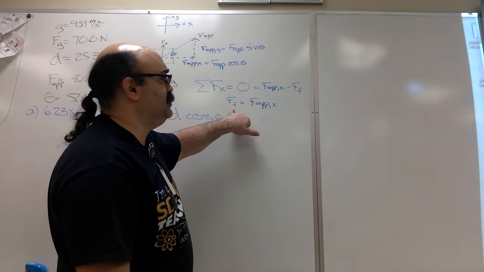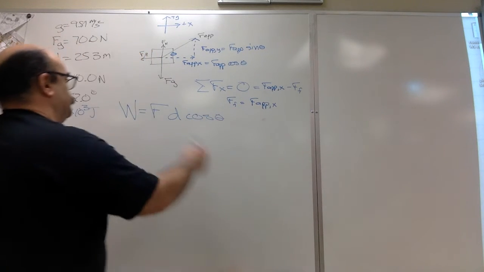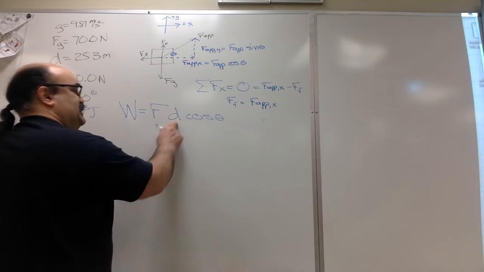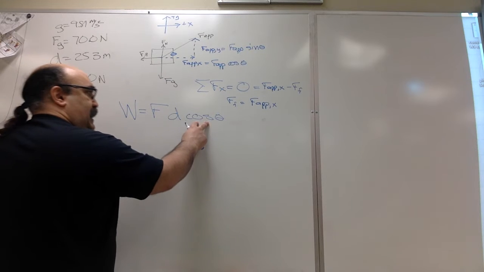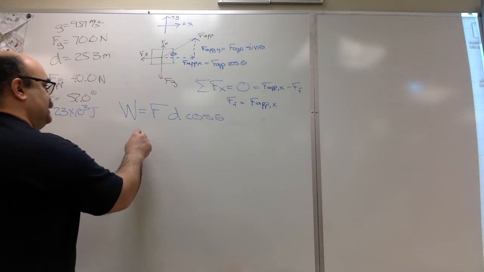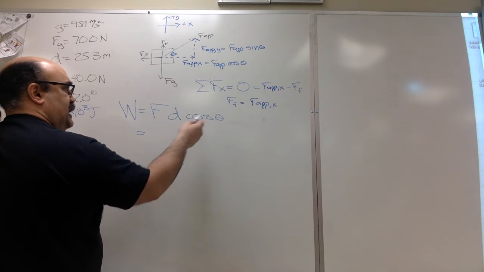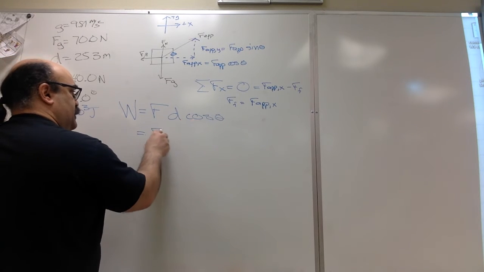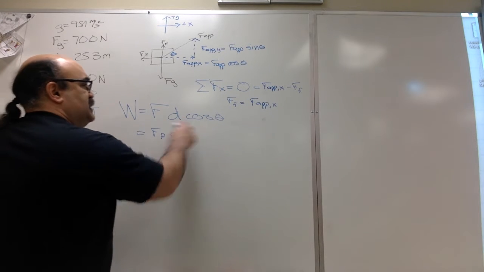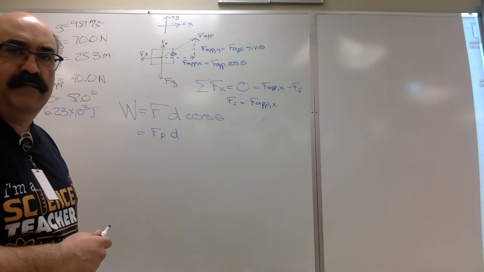So I know what the frictional force is. Well, work equals the force applied times the distance and the cosine of the angle between them. In this case, my frictional force and distance, those we both know. What's the cosine of the angle between them, though?